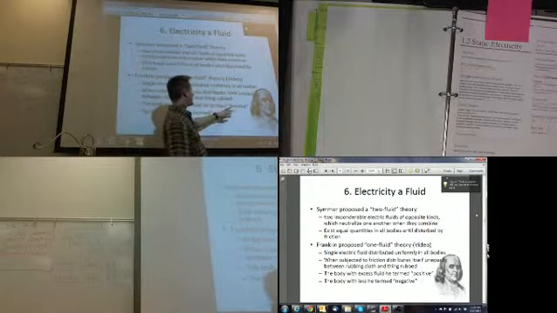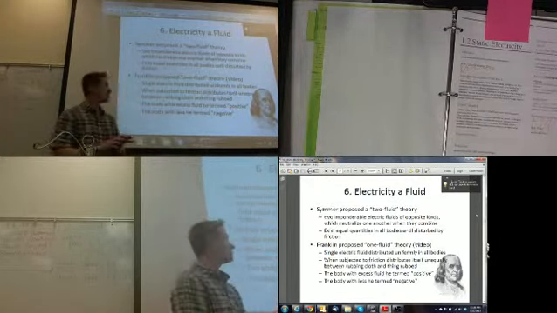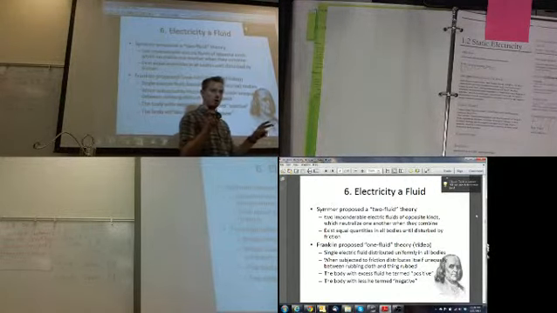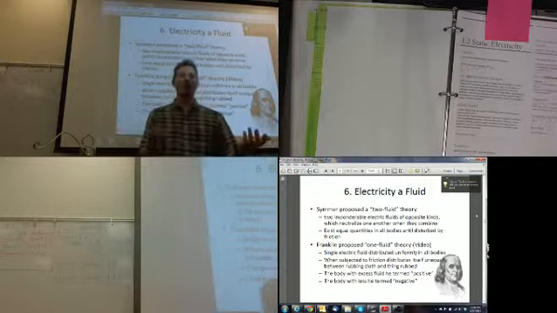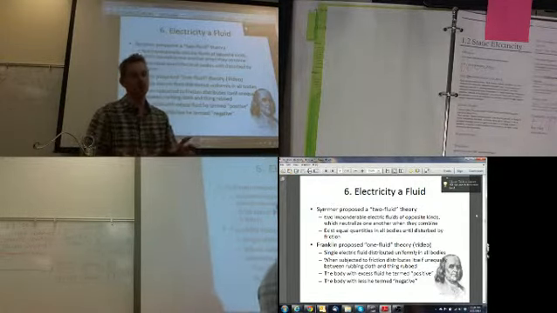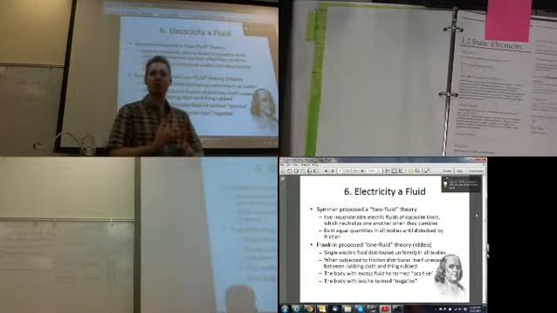So what that means is now when we say current flows, even today, we use what's called the conventional current flow theory. Conventional means we're using Franklin's idea that positive charges are the ones that are mobile, which we know electrons are mobile. Some textbooks have both the conventional current flow and electron flow.